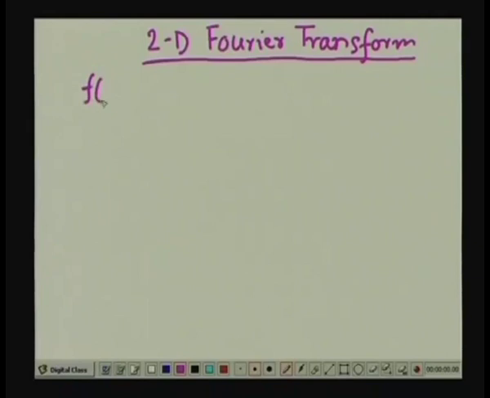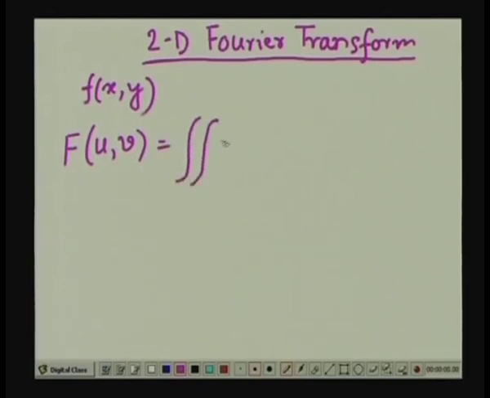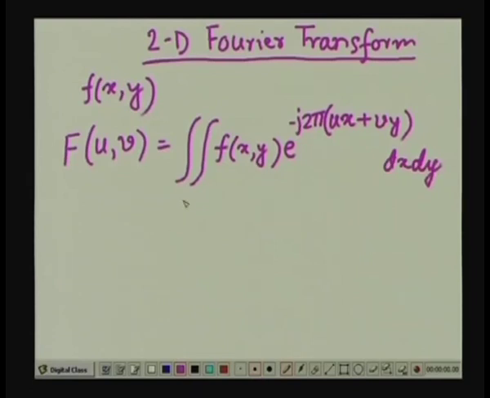In this case our function is a two dimensional function f(x,y), which is a function of two variables x and y, and the Fourier transform of this f(x,y) is now given by F(u,v), which is equal to the double integral of f(x,y) e to the power minus j 2 pi (ux plus vy) dx dy, and both these integrations have to be taken over the interval minus infinity to infinity.